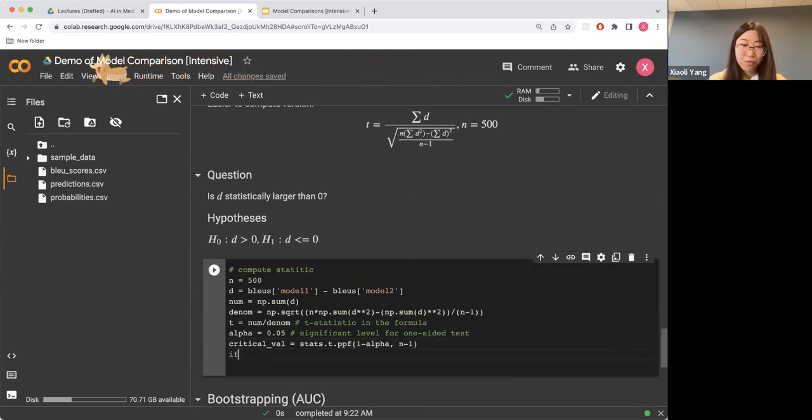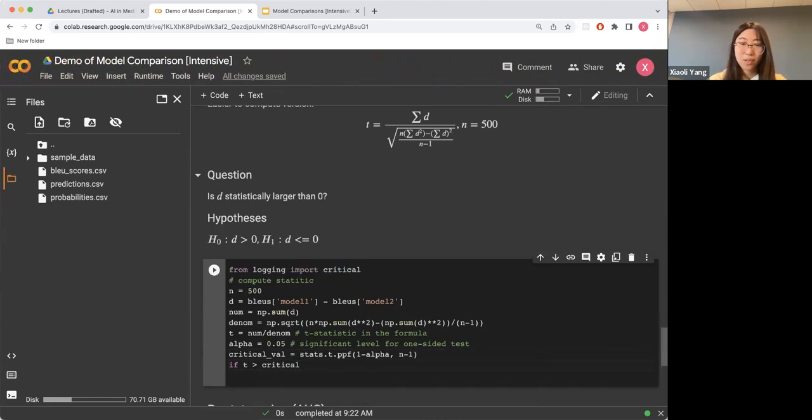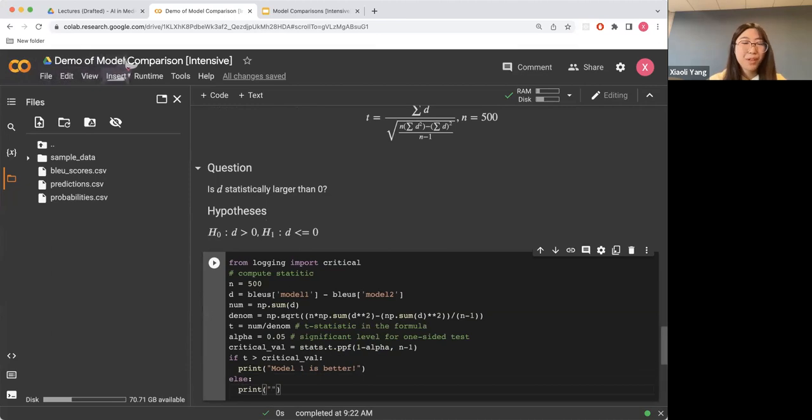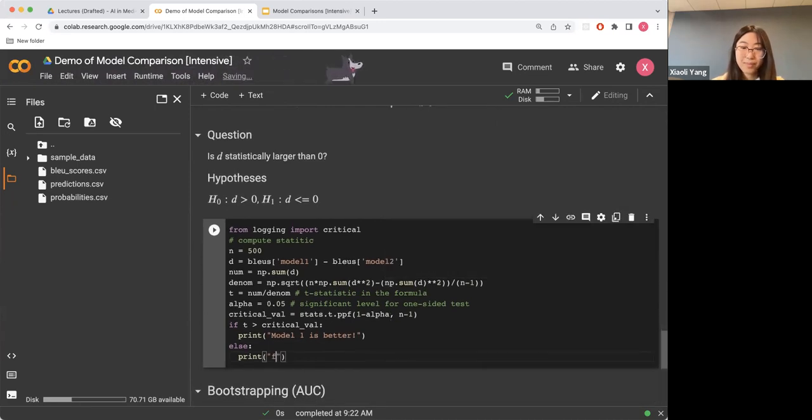Then if T is greater than this critical value, we print that model 1 is better. Otherwise, we fail to reject our null hypothesis, and we say we fail to conclude superiority.